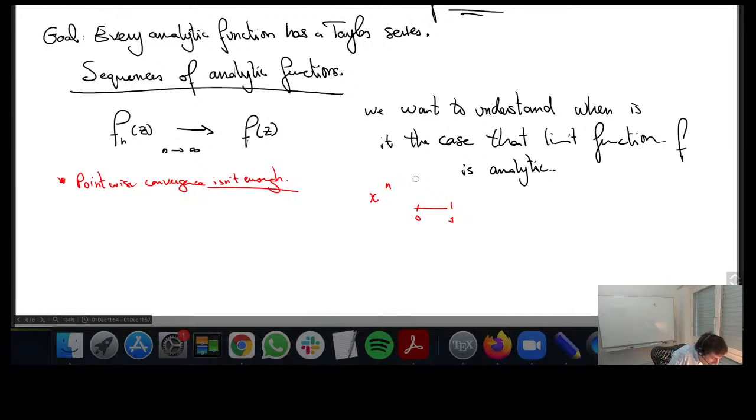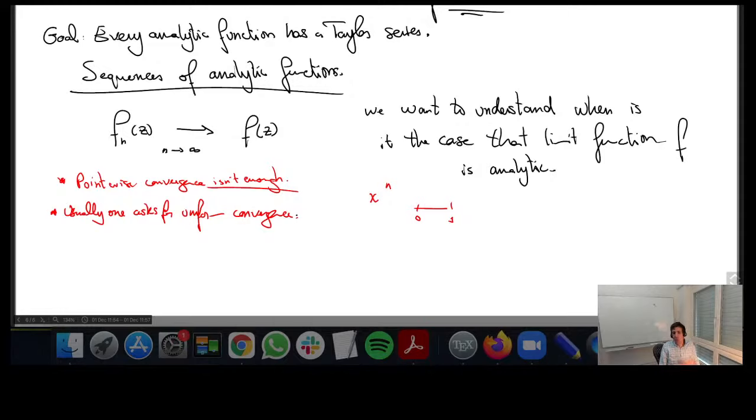Usually one asks for uniform convergence. Again, I'm sure you've seen this. Pointwise convergence says that for every point z, it converges, so for every epsilon there exists a delta type argument.